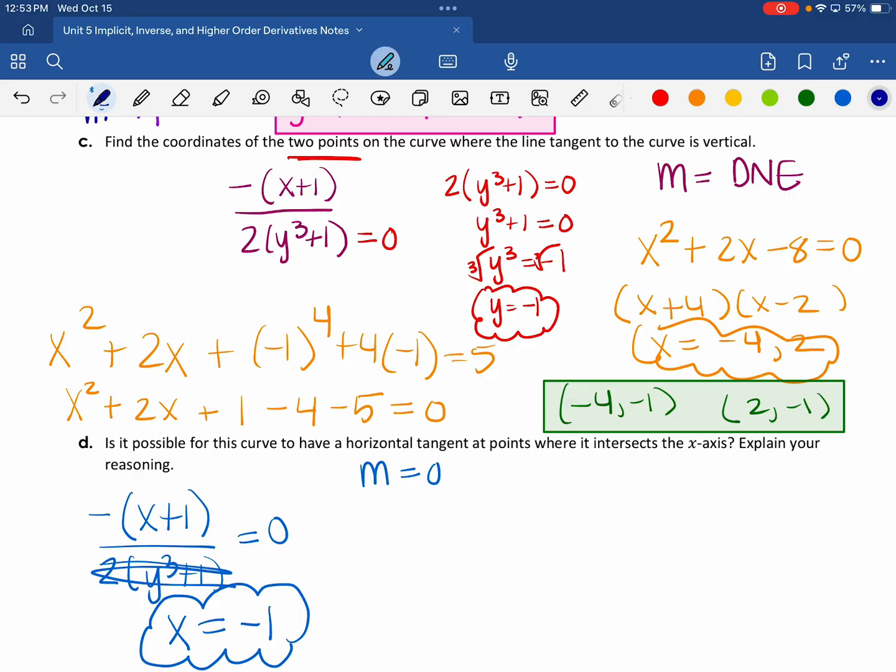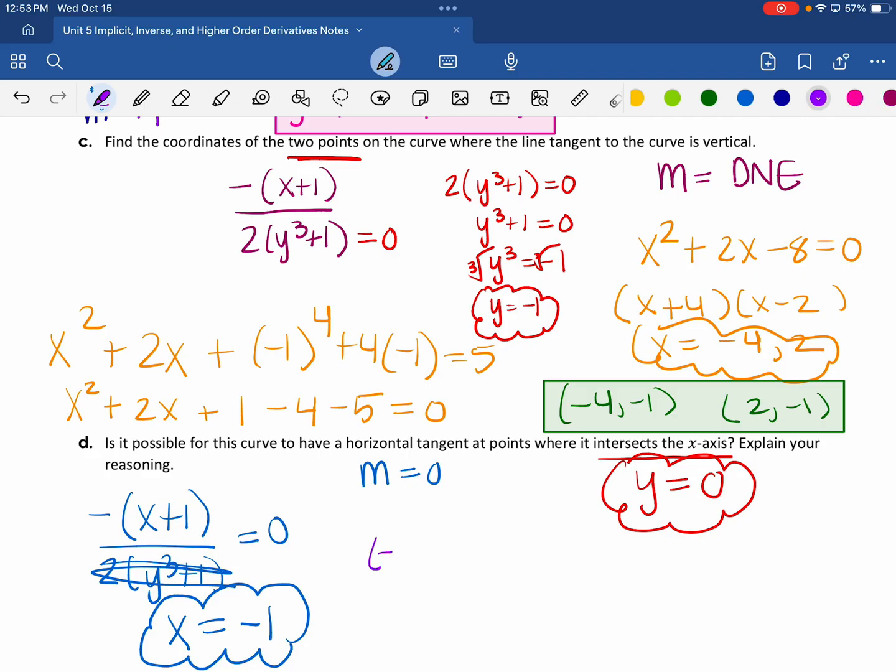If I'm intersecting the x-axis, what is special about the y value? 0. y is 0. So we're going to see if this coordinate point exists. Does negative 1 comma 0 work for my function? So I'm going to plug it in.